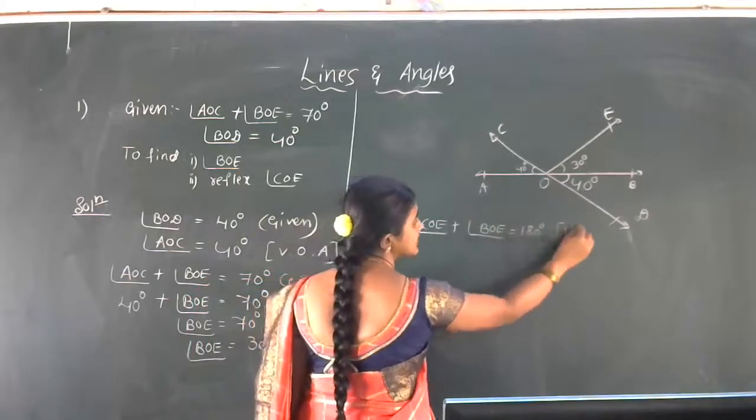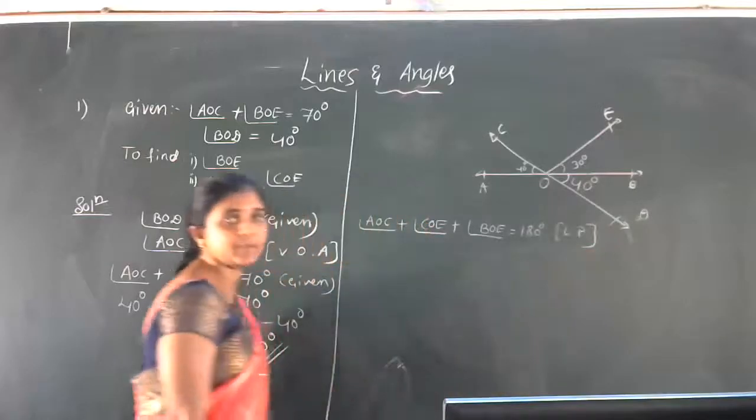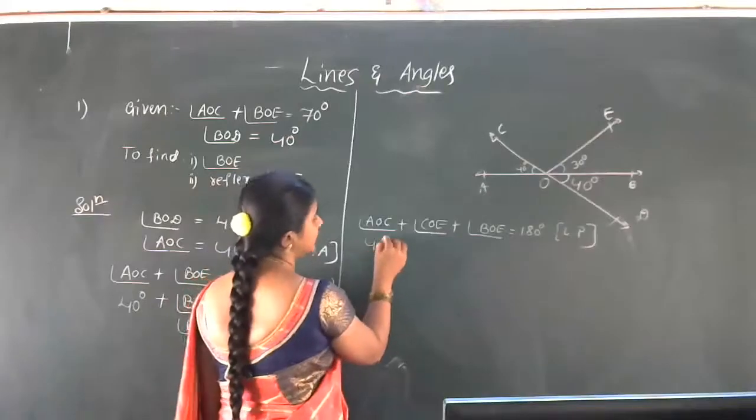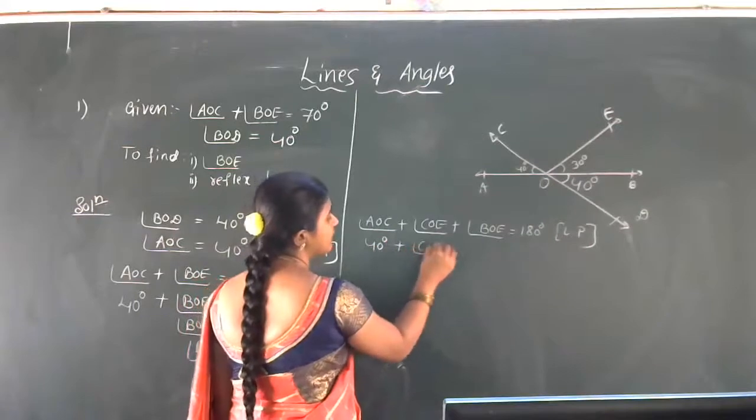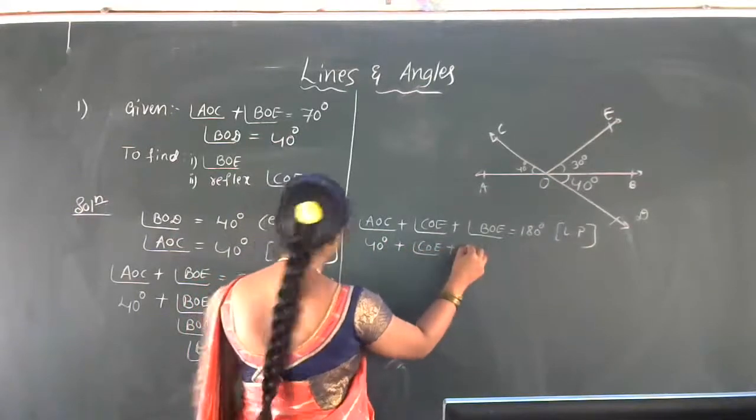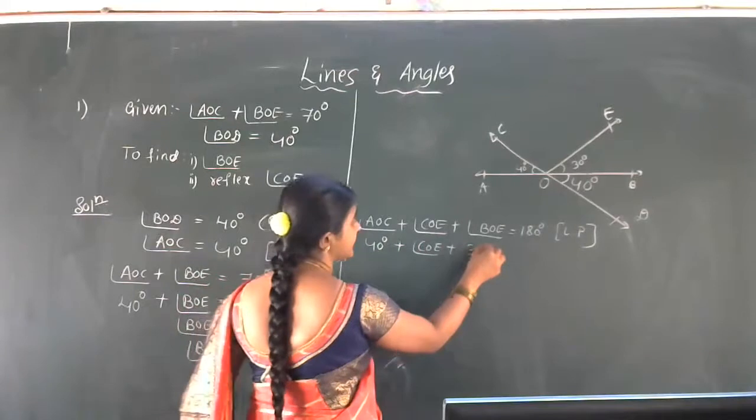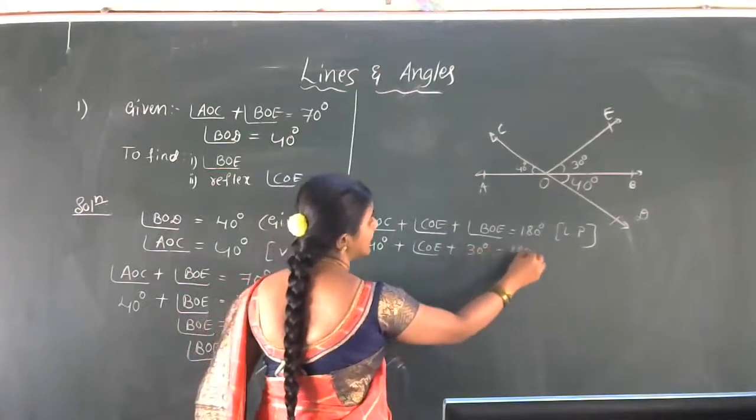What is the reason for this? Linear pair. Next, AOC we got as 40 degrees, angle COE we have to work out now, BOE just now we got as 30 degrees, which is equal to 180 degrees.